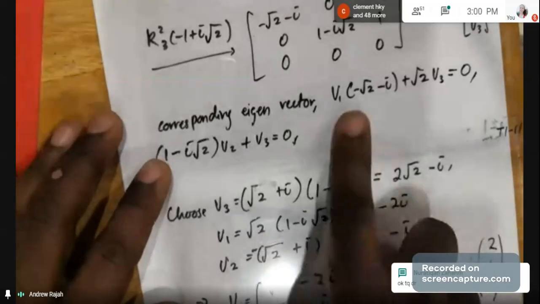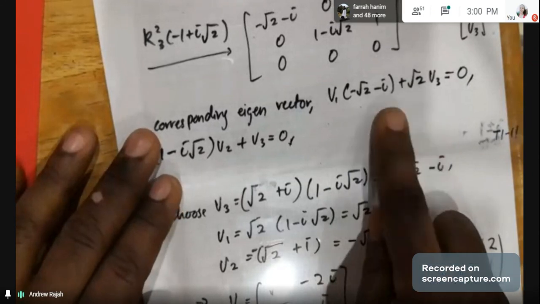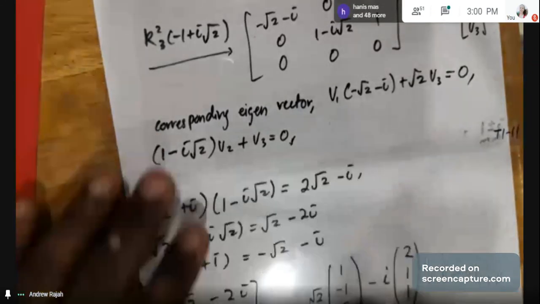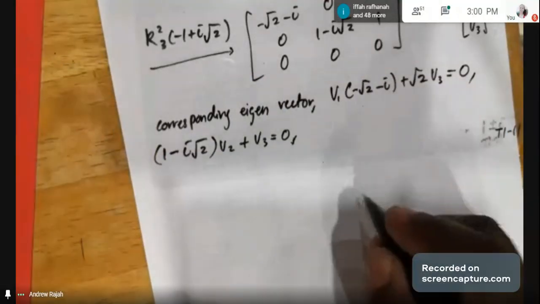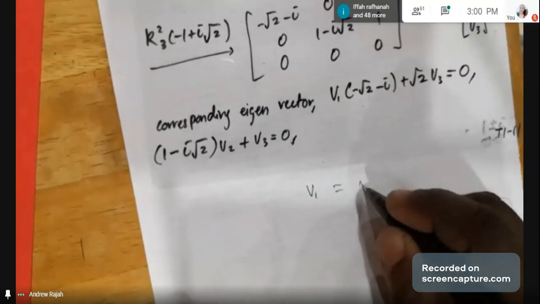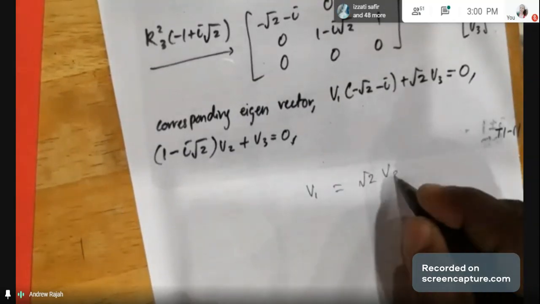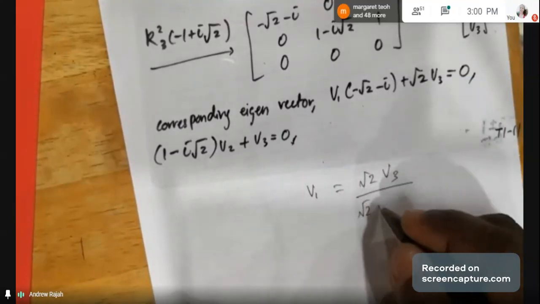So you can see this V1 is actually square root 2 over square root 2 plus i. From here, you can see, V1 equals square root 2 V3 over square root 2 plus i.